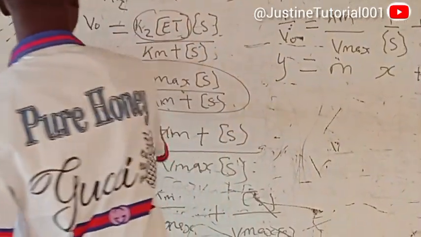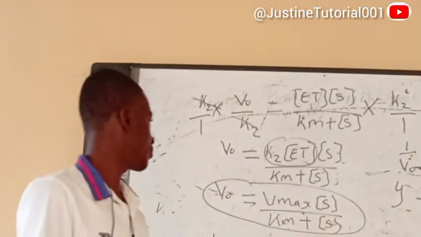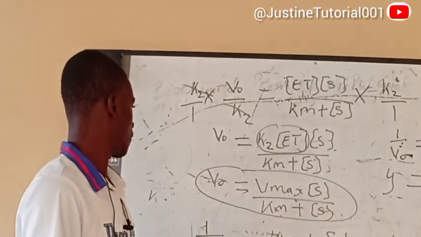This is how we derive the Michaelis-Menten equation. This Michaelis-Menten equation is very, very important when it comes to enzyme kinetics.